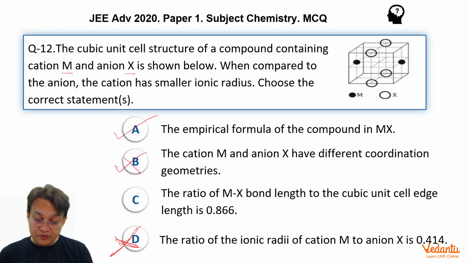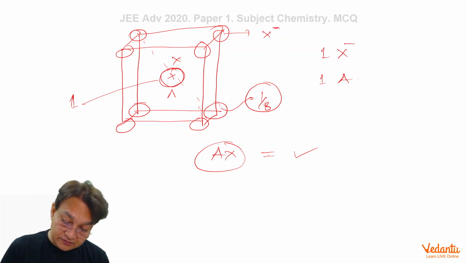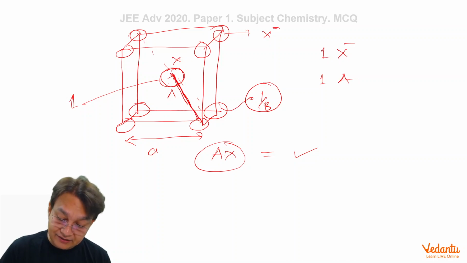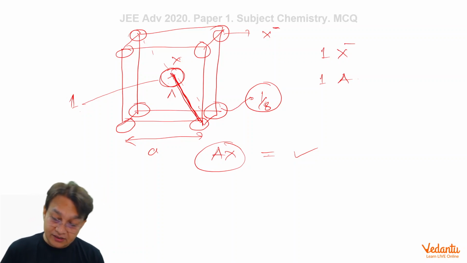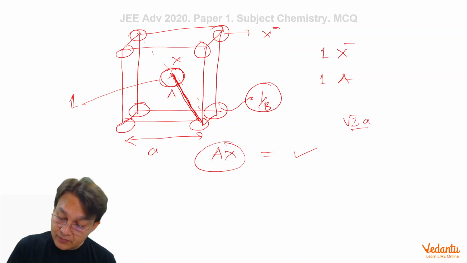Now option C, the ratio of the MX bond length to the cubic unit cell edge length. Here we are talking about this length, which is a, and we are talking about this length, which is half of the body diagonal. Half of the body diagonal means root 3a by 2.